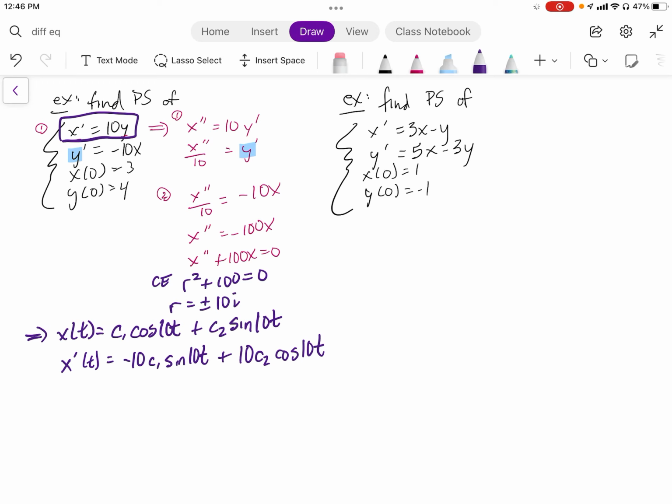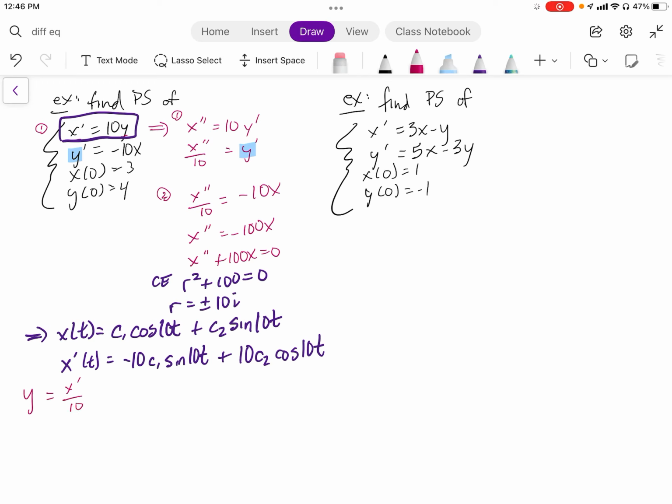Oh sorry, why do I keep doing that? Y is x prime over 10.